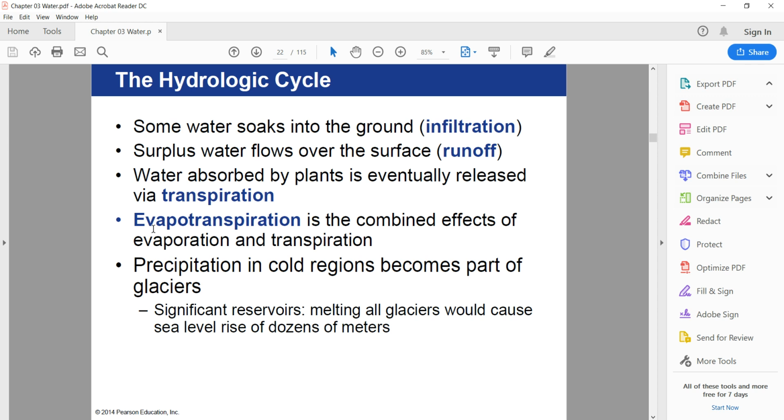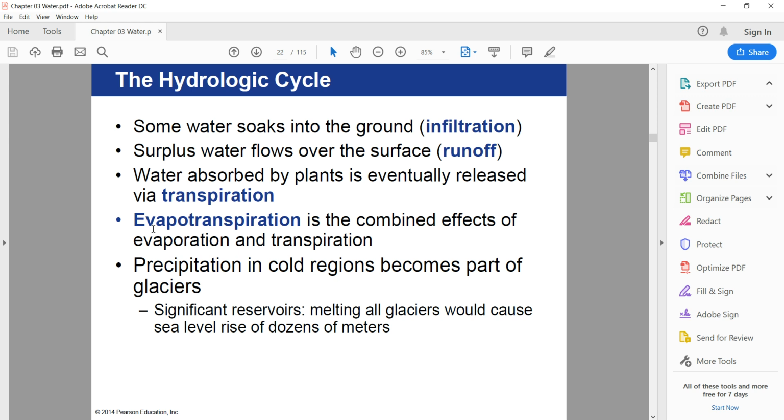Evapotranspiration is one term that occurs in vegetation, since we cannot distinguish between the terms evaporation and transpiration. Transpiration is a process that is limited only to vegetation or plants. They have a process by which they release water from the plant body or plant tissues, and that is called transpiration.